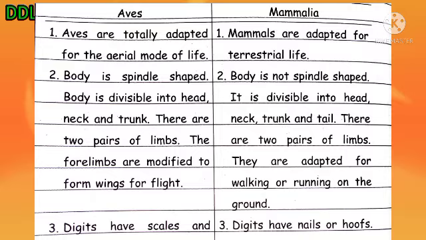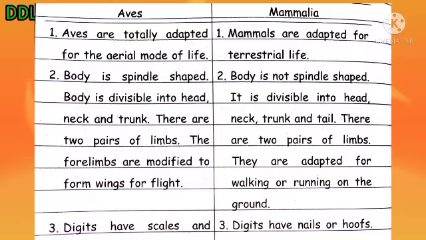There are two pairs of limbs. The forelimbs are modified to form wings for flight. And in mammals, the body is not spindle shaped. It is divisible into head, neck, trunk and tail. There are two pairs of limbs. They are adapted for walking or running on the ground.